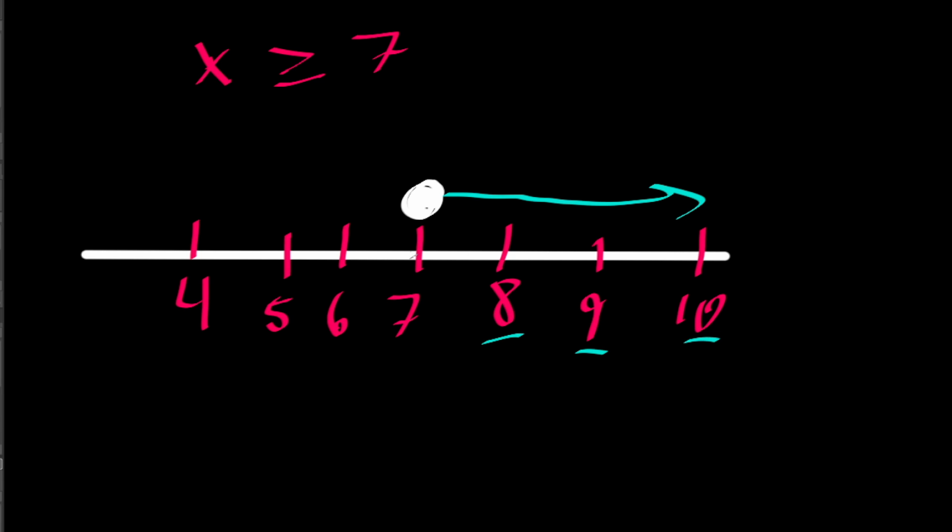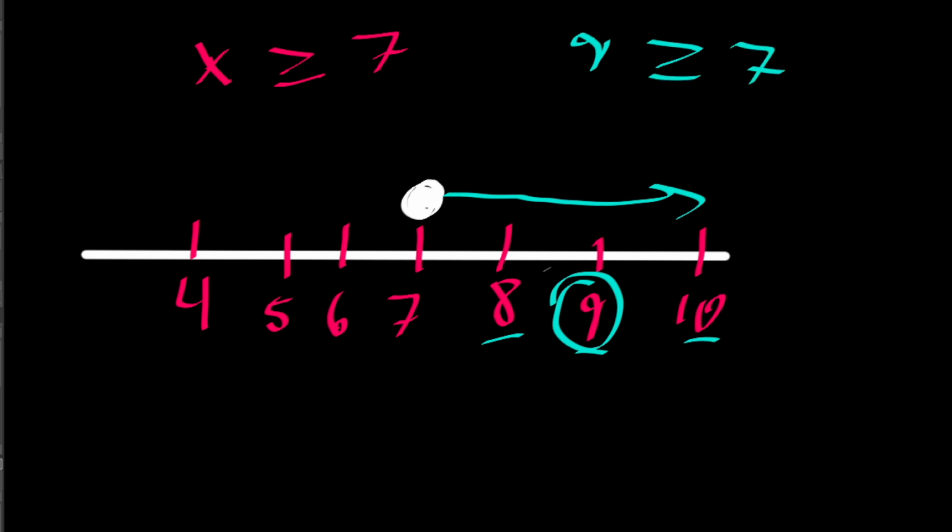Now, watch what happens when I plug 7 back in for x, because 7 is a solution here. 7 greater than or equal to 7. Is that true? Yeah, because now that we added the equal to part, 7 is greater than or equal to 7. It's equal to. Now, I can also test some other points. Watch what happens if I plug in 9, because this graph tells me 9 is a solution. 9 greater than or equal to 7.